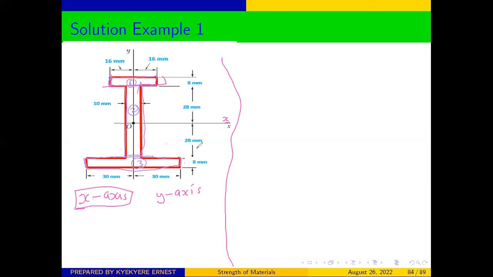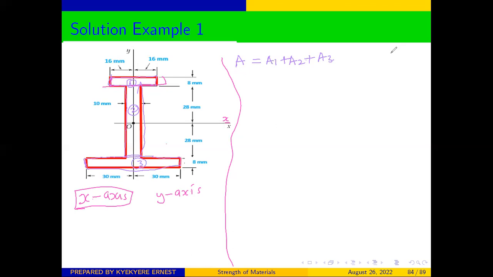Once you divide it into sections, you find the area of each section, so that the total area of the entire structure is going to be area 1 plus area of section 2 plus area of section 3. Take note, if it was a composite structure where some portion is cut out, then the area is going to be negative.